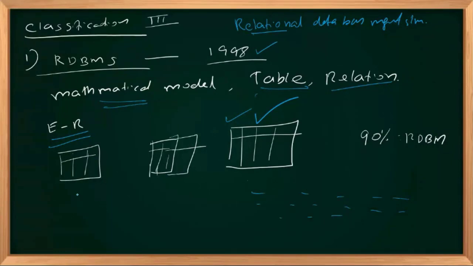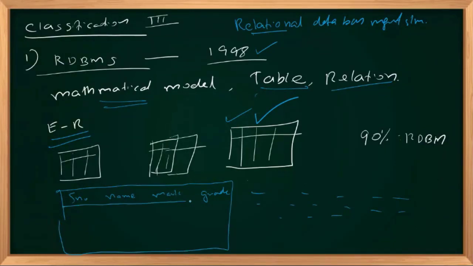For example, student number, student name, student mark, grade. These are stored in this tabular model. This is known as an RDBMS model.